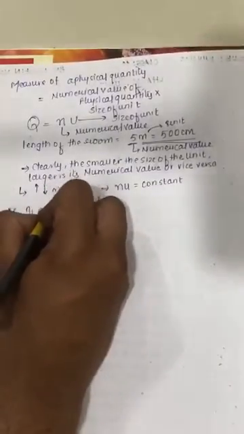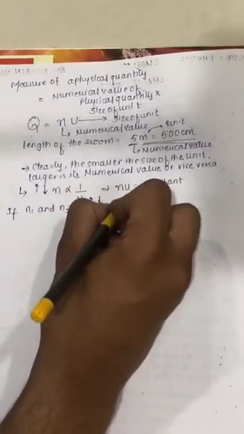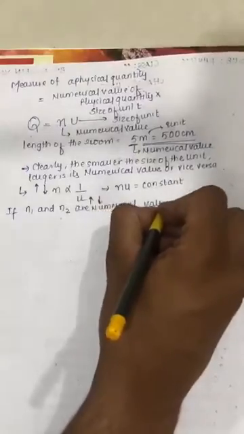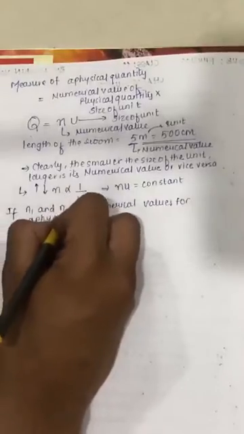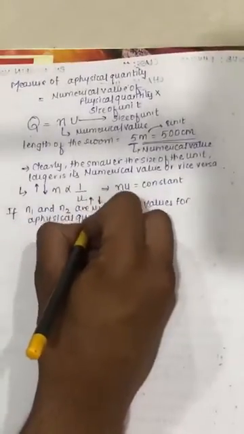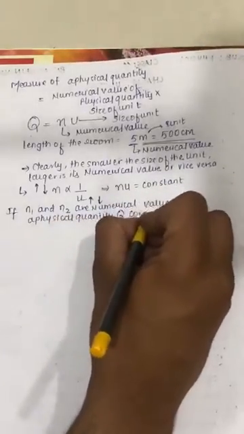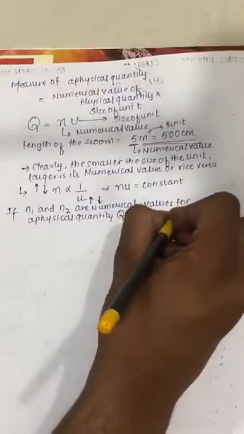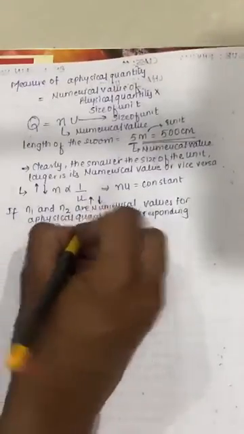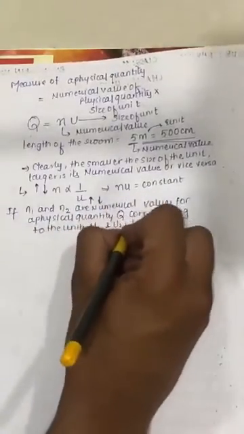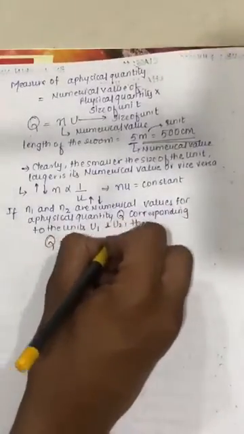If n1 and n2 are the numerical values for a physical quantity Q corresponding to the units u1 and u2, then Q is equal to n1 u1, which is equal to n2 u2.